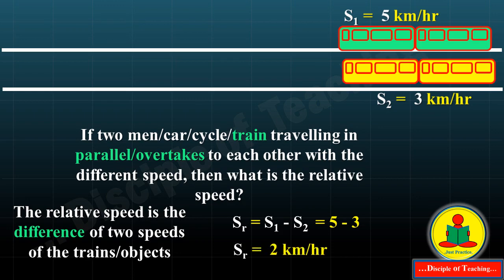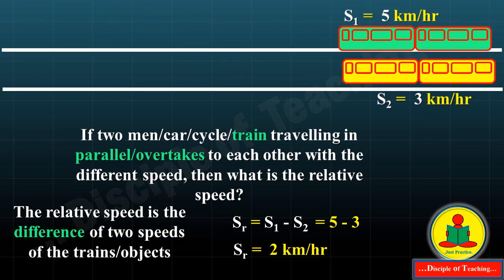Here S1 is the speed of the first train and S2 is the speed of the second train. So whenever the objects are opposite to each other, we have to add the speeds of the individuals. Similarly, whenever the objects are parallel or overtake each other, we have to subtract the speeds of the individuals.